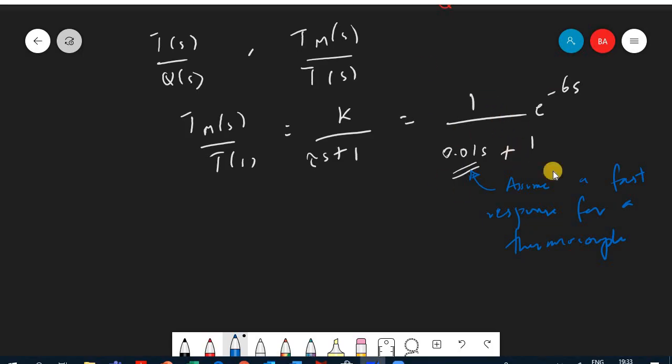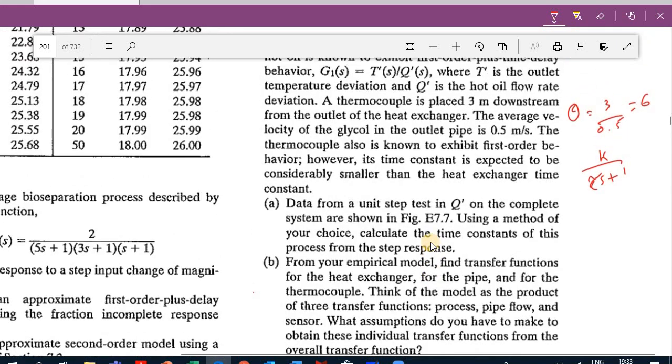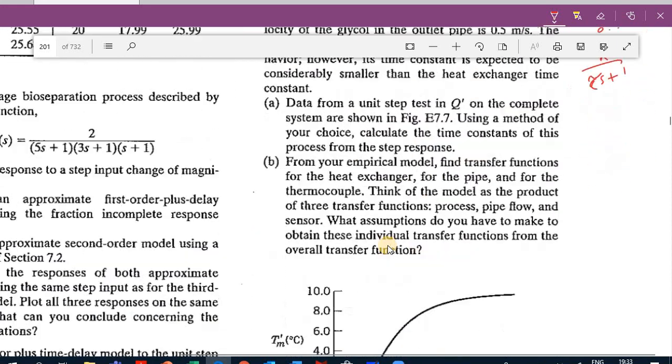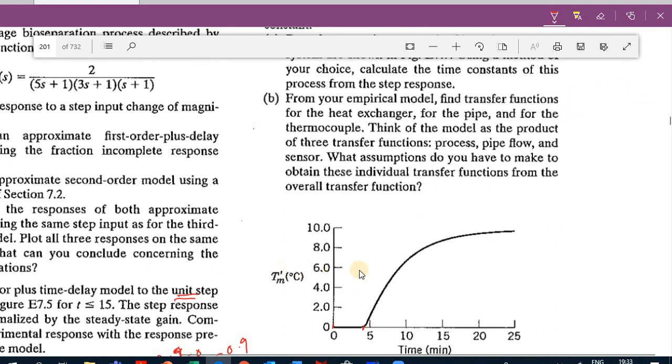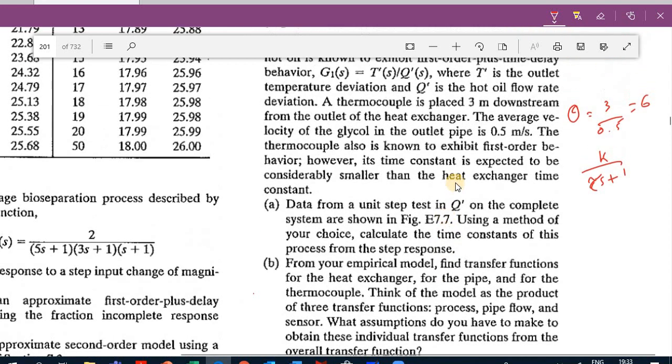But I already have the system here. Consider where T is the output temperature. Actually, this is not Tm, let me make sure. I think it makes more sense if it is T, the temperature, and this is how it gets affected by what's getting into the system.